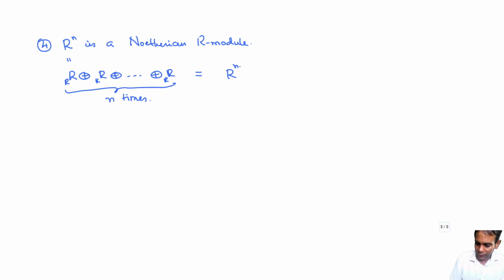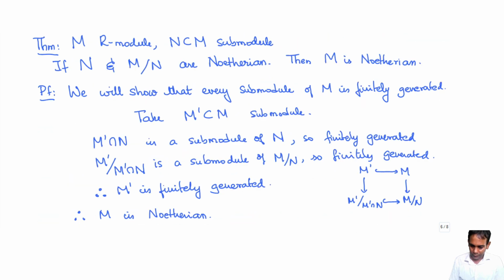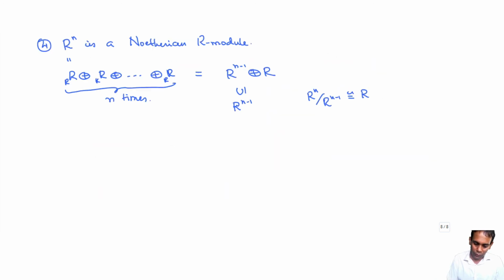This is R^(n-1) direct sum R. This has a submodule R^(n-1) and the quotient R^n mod R^(n-1) is isomorphic to R. So by the theorem that we proved, that if you have an R module which has a submodule that's Noetherian and the quotient with respect to that submodule is Noetherian, then the R module is Noetherian, it follows that R^n is a Noetherian R module.